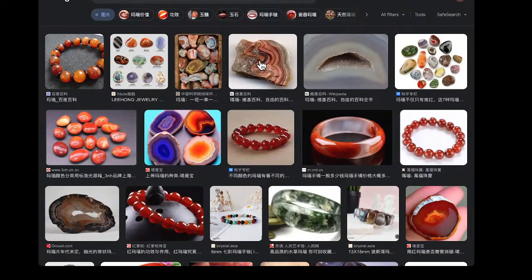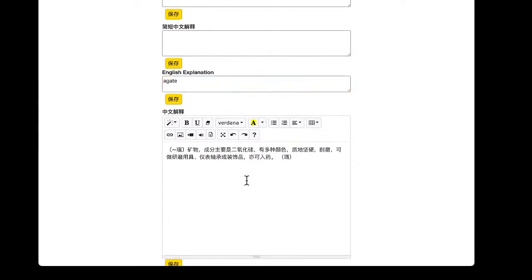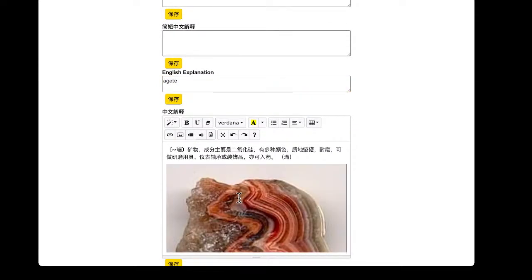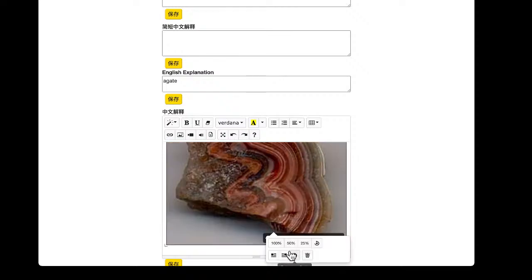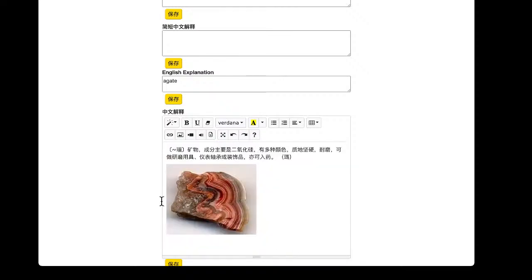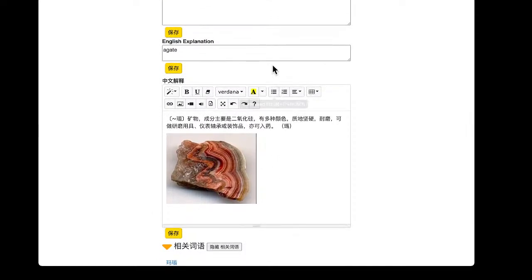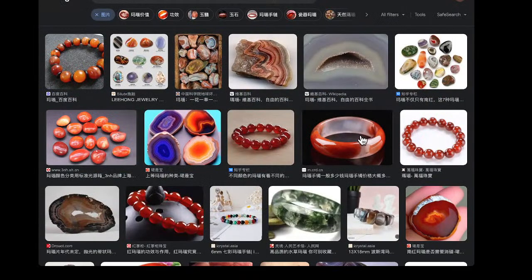Okay, and I think I can copy this over. And I like that one. 玛瑙.